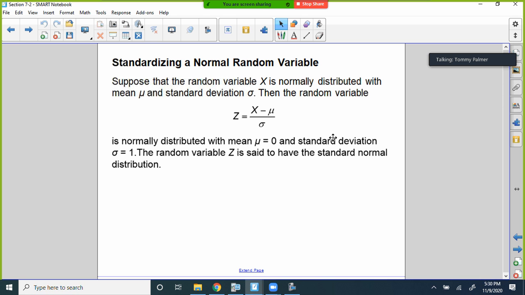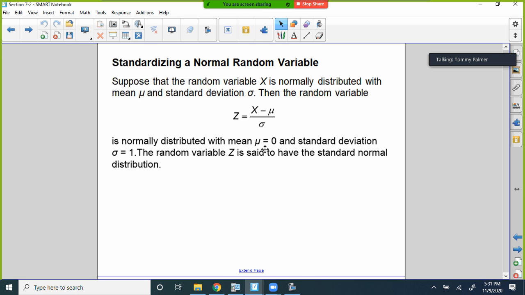So we don't have to know what the mean and the standard deviation are when we're given either the z-score or the area underneath it. We can work back, because we can assume that the mean is 0 and the standard deviation is 1 for a normally distributed curve. So the random variable z is said to have the standard normal distribution. Z is x minus the mean over the standard deviation.